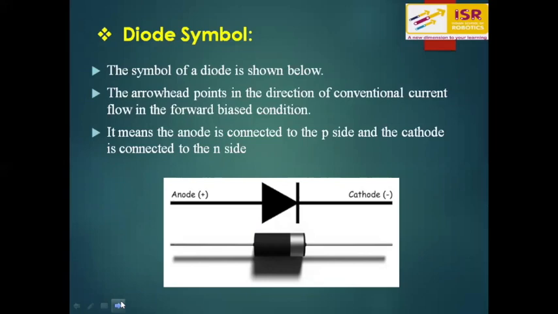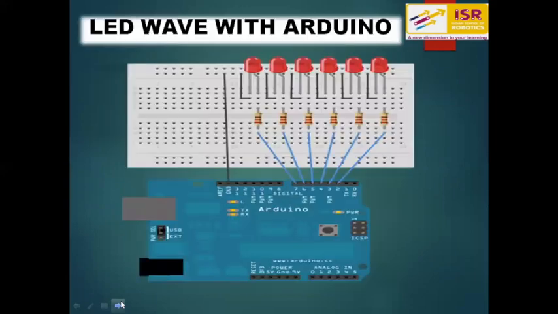It means that in case of diode, we connect the anode, that is positive terminal, to the P side, and cathode, that is negative terminal, to the N side. In LED also we have positive and negative terminal named as anode and cathode. Similarly in diode also we have positive and negative terminals, plus and minus.